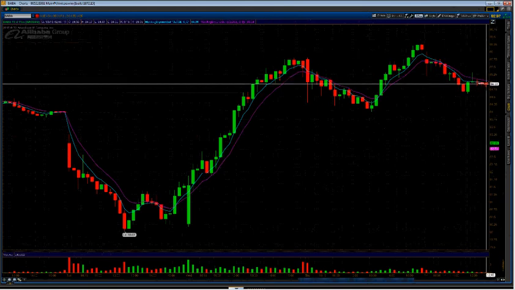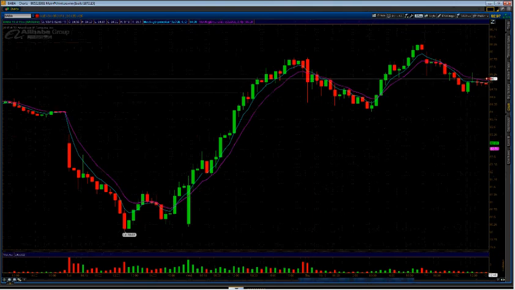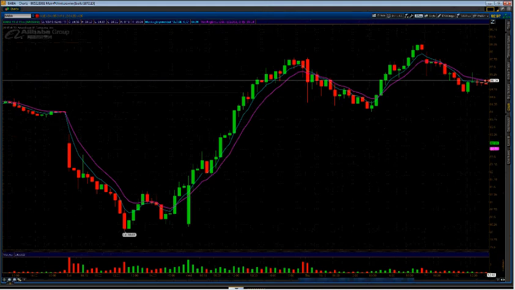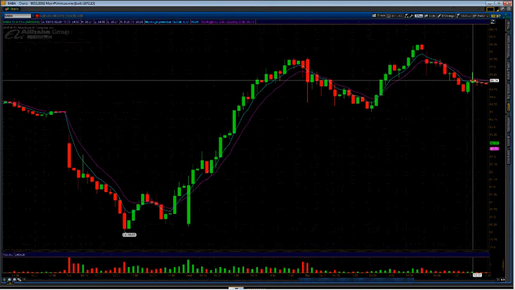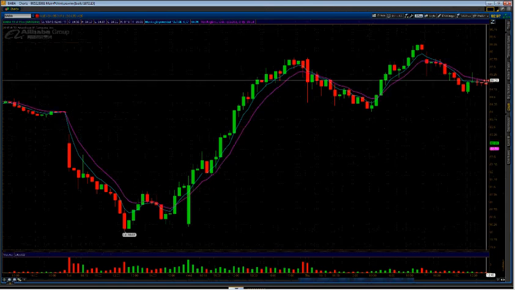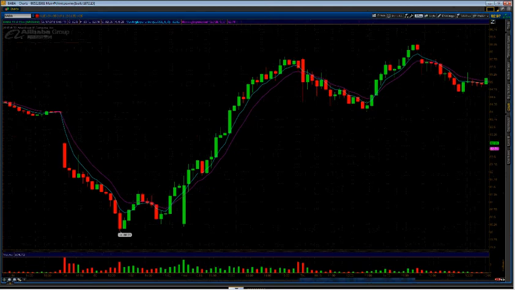Yes, it's being recorded. Look at your 9. For some odd reason, probably because it started factoring in this big candle and this candle, I got my 9 at a higher value than the candle before. But my 5 didn't cross.